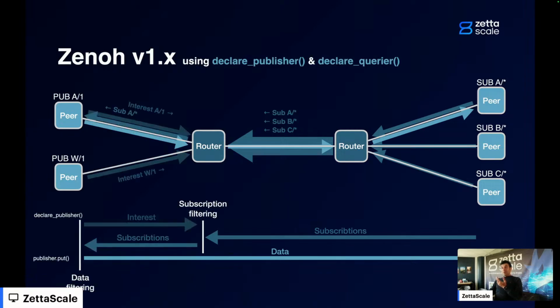Now, if on the other hand we had created a publisher for the key A1 and a publisher for the key W1, then in that case the publishers would have caused the declaration of interest for A1 and the declaration of interest for W1. As a consequence, whenever the router received declarations that matched this interest, it would have shared declarations that actually indicate to the publisher that indeed there are matches.